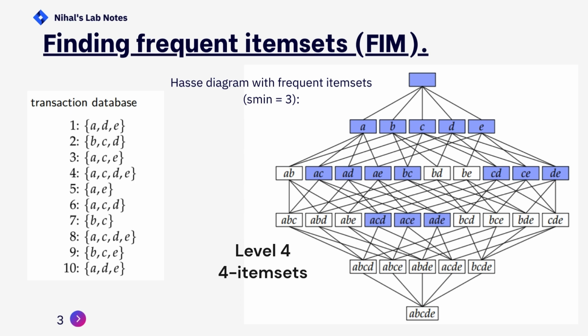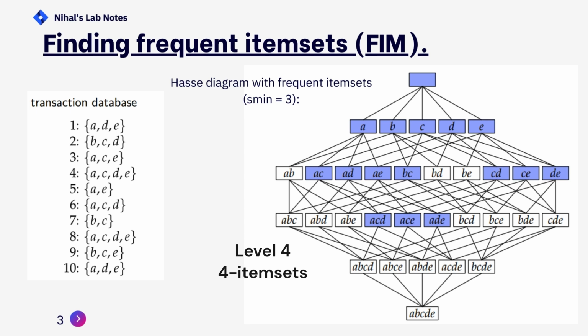For the fourth level, we are going to do a join between ABC and ABD. Why? Because they have the same prefix AB, so we can do a join between them. ABC and ABD will give us ABCD. Then, for example, ABC and ABI will give us ABCI.